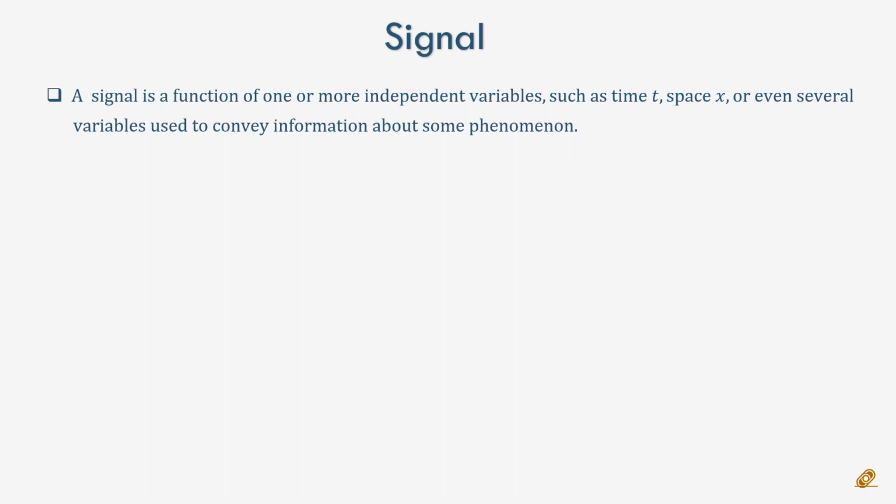Function, you already know what a function is. A function will have an independent variable or several independent variables, which when you change you get the value of the function. As an example, if I take f of t, t here becomes your independent variable.